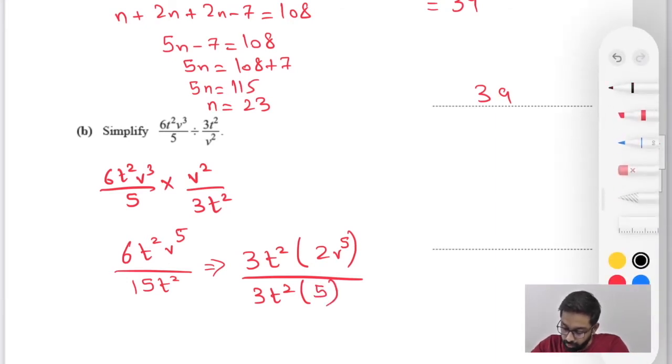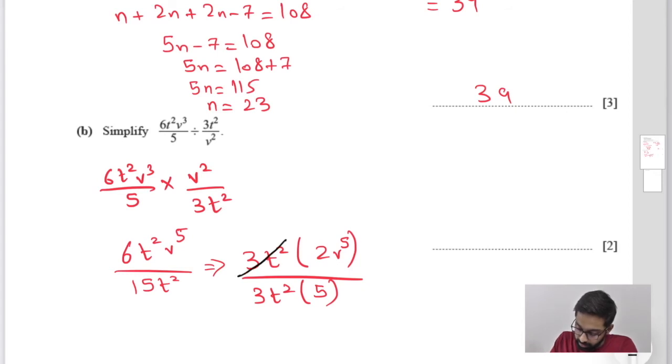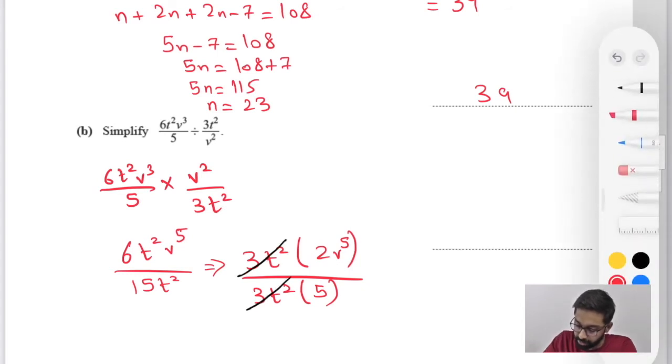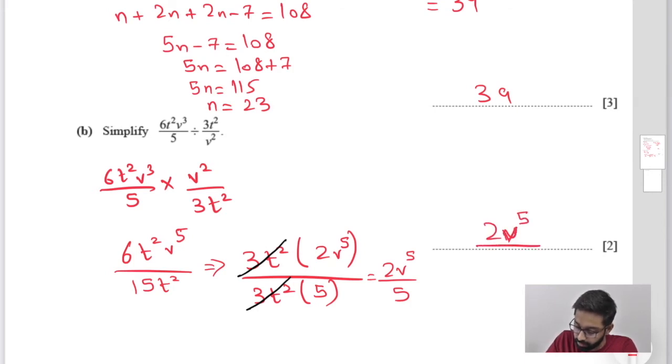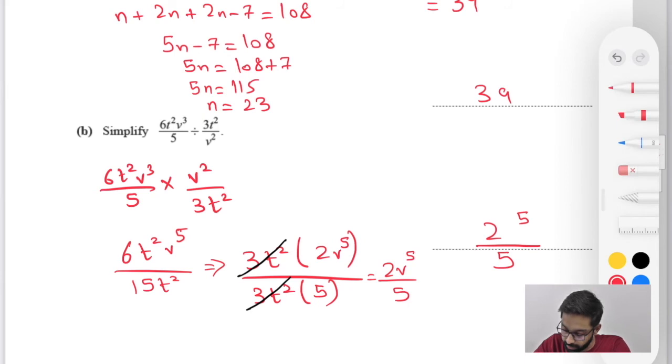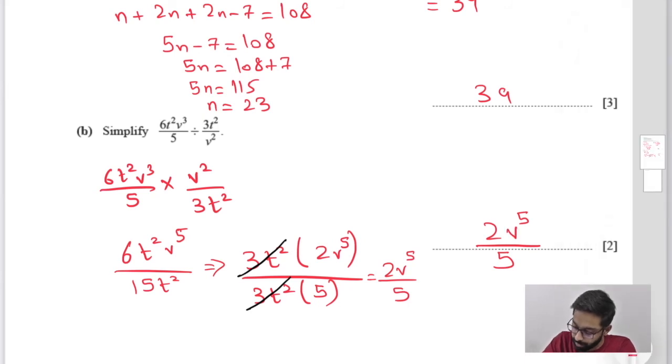Now, these 3t squares can be cancelled with each other and you'd only be left with 2v to the power of 5 over 5, which is your answer. So you write 2v to the power of 5 over 5. I'll correct it so that it is more visible. Okay, perfect. This is your answer to this question.